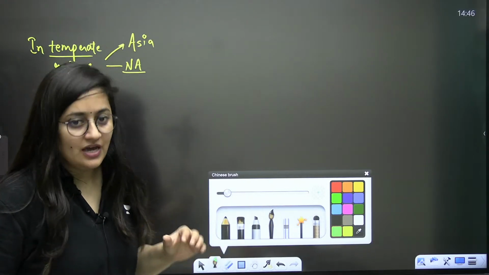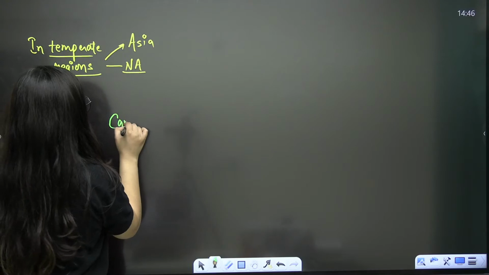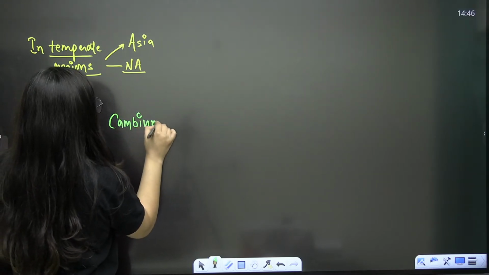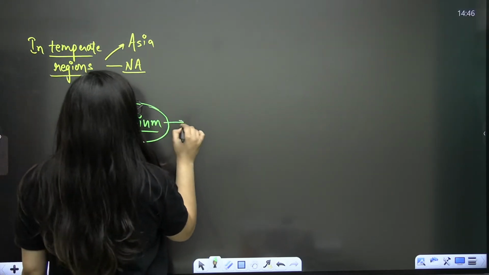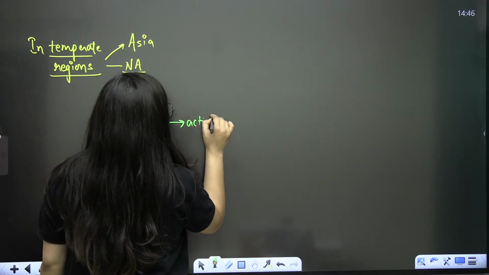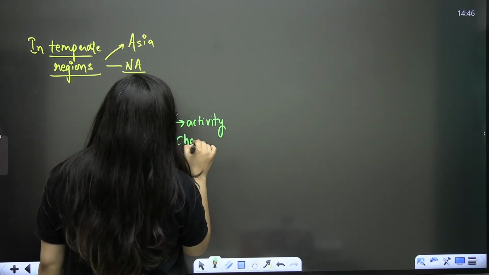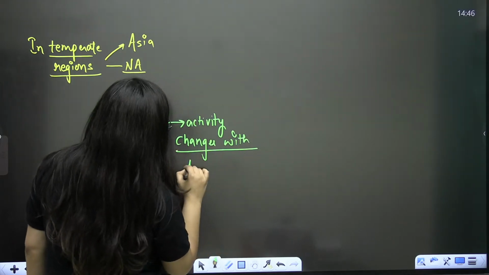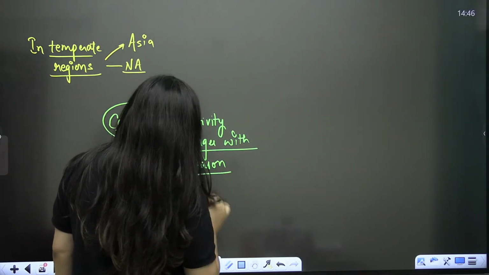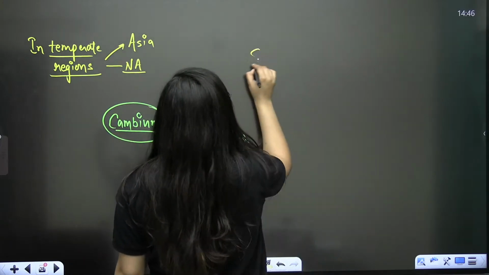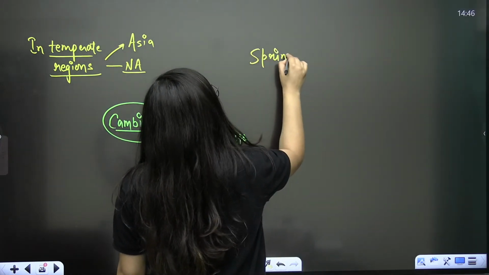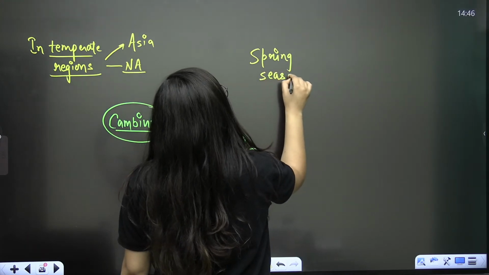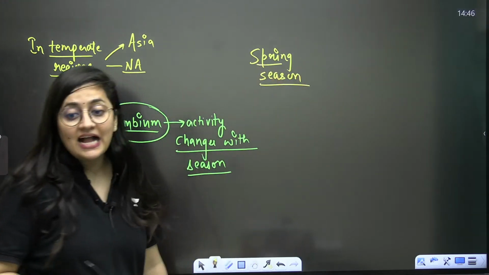So now, when you talk about the cambium, the cambium activity changes with the season. Like when it is the spring season, the cambium is highly active.